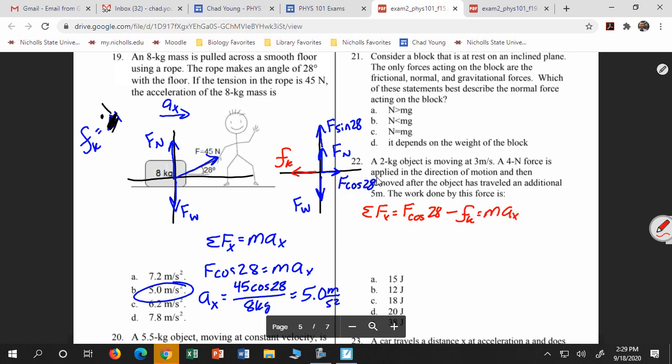The thing I need to do here is figure out what Fk is. I know that Fk is equal to mu k times the normal force. So I need to figure out the normal force. Normally, the normal force is equal to the weight. Is that true here? Is the normal force equal to the weight?